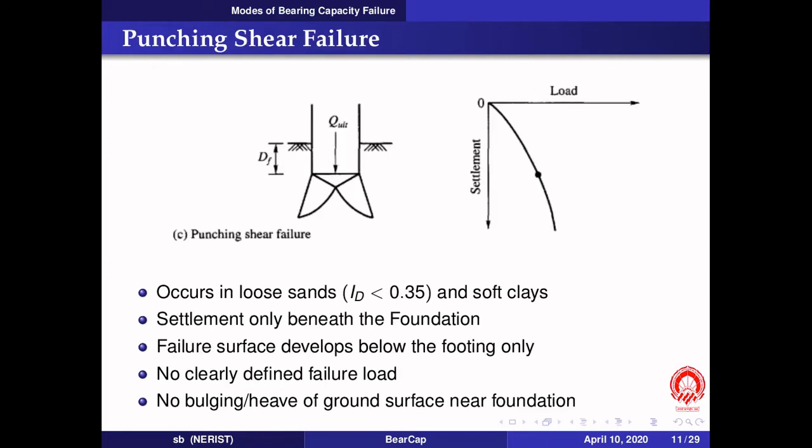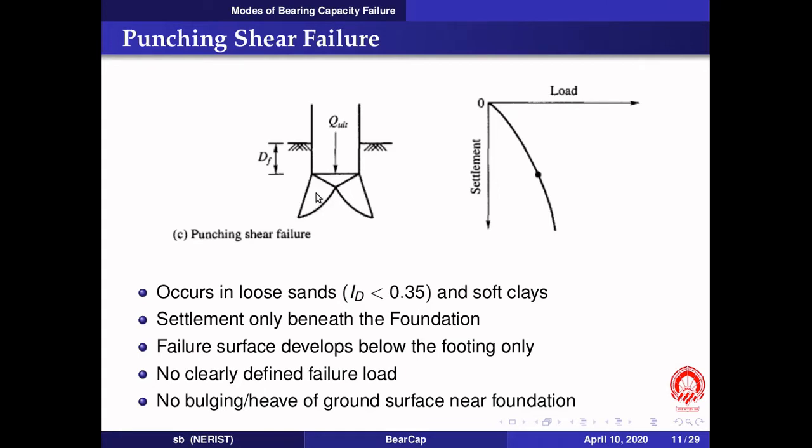And the third type of failure is punching shear failure, where actually the foundation punches the soil. It doesn't affect the side soil, so resistance of the side soil is not taking place in resisting the load, and only the soil directly beneath the foundation is taking part in providing resistance to failure.